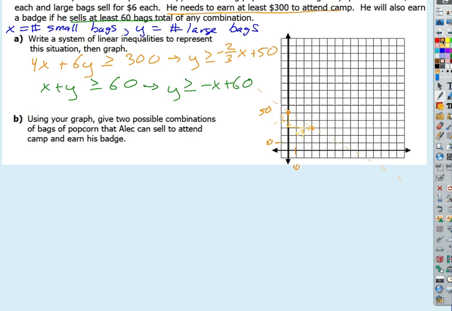And so we're really only going to take the line to go from there down to wherever it intersects the x-axis, right? So from there down to there, maybe. There's our boundary line. Shading above or below? Above, okay? So above.